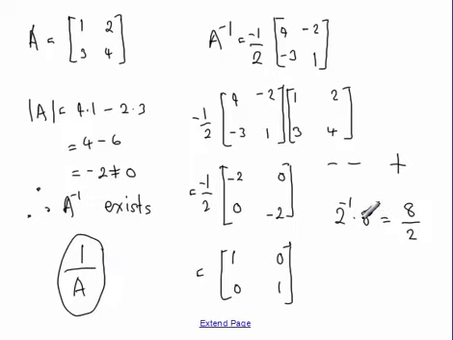So now, if we were to mimic this, our division of matrices, we're going to replace it by multiplying by an inverse, because even with numbers, division is multiplying by an inverse. So we're not going to talk about division of matrices. We're going to talk about multiplying by inverse.